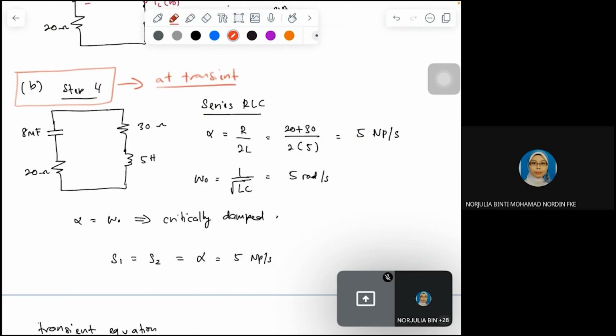When the circuit is at transient, your capacitor and inductor behave like their original characteristic. Based on this circuit, it's clearly seen that your R, L, and C are in series. Therefore, the formula of alpha is R over 2L and omega naught is equal to 1 over square root of LC.